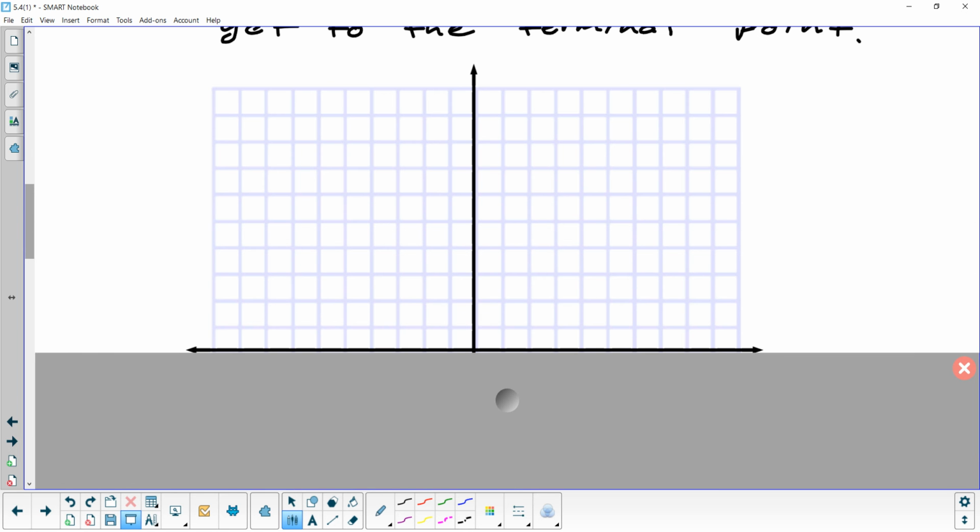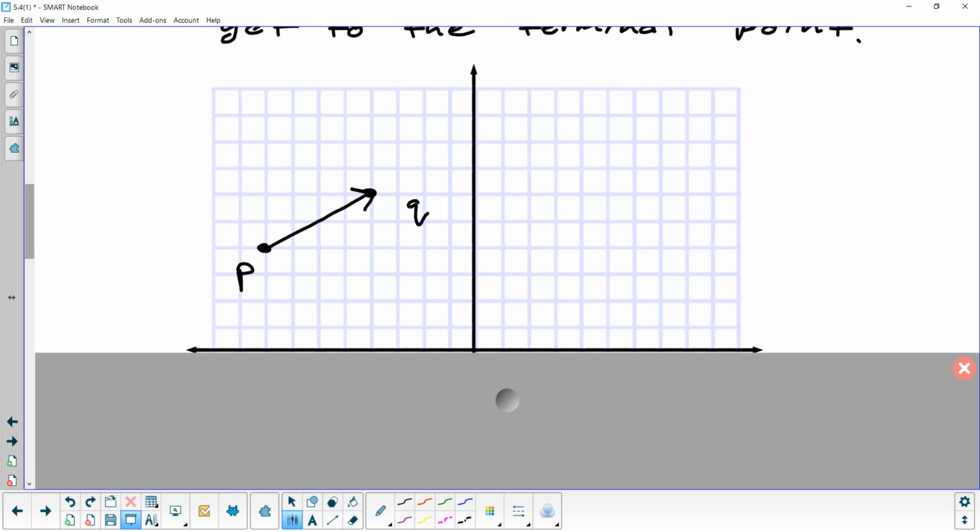There's my grid. So let's say that was point P, and that is point Q. Maybe in a word problem, it gave us this information, and that's where we had to put the points. This would be the vector PQ.